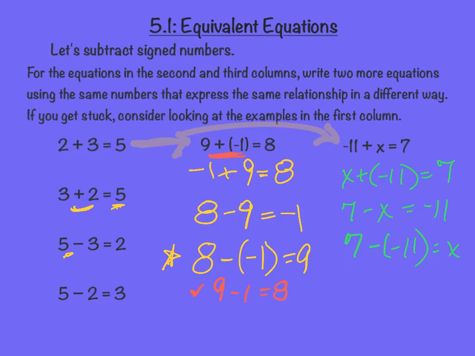Are we using the same numbers? Because that's what the directions say, to use the same numbers. And if I do this, I'm no longer using the same numbers. So this one would be wrong. So if you use this one, while you're still getting the correct answer, you didn't follow all of the parameters. So this would be incorrect. But I just wanted you to be able to see that and why that's the case.